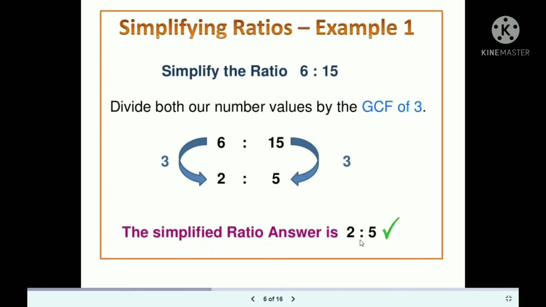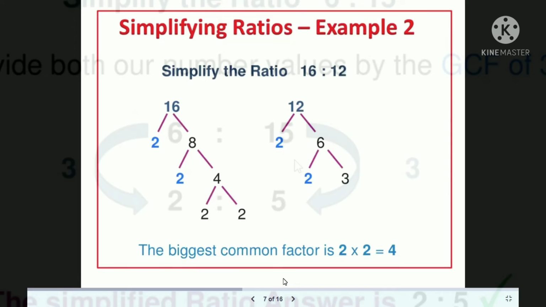Yan na ngayon ang bagong simplified ratio ng 6:15. You see? Ayan. So, ganun lang po kadali ang ating ginawa. Kinuha lang natin ang GCF at dinivide sa kanilang dalawa para makuha natin ang simplified ratio ng 6 and 15. Okay? Now, next.